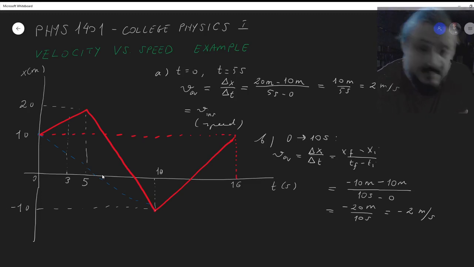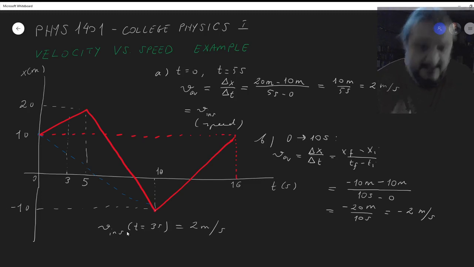That is the average velocity. So what about the instantaneous velocities then? In that interval, I said we have two. The instantaneous velocity, let's say at t equals 3 seconds, we already found it. That's 2 meters per second.